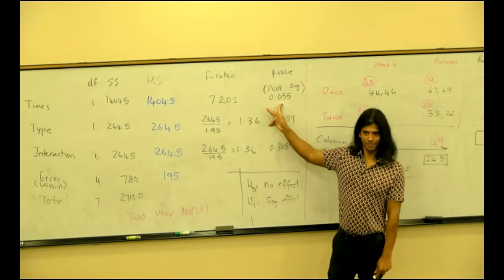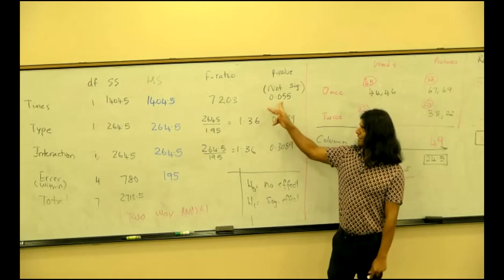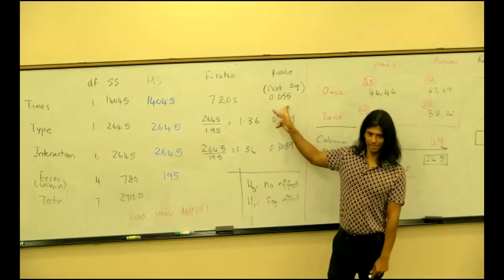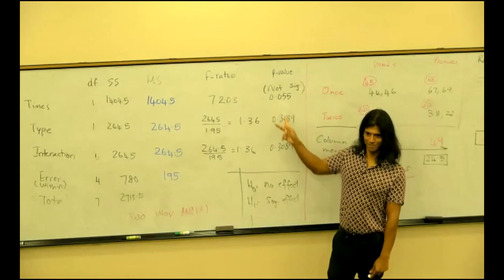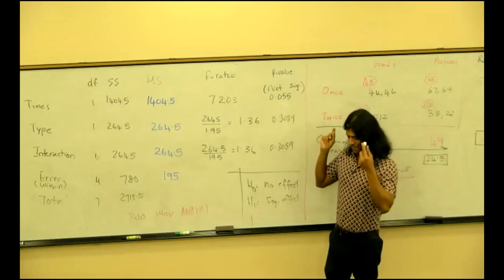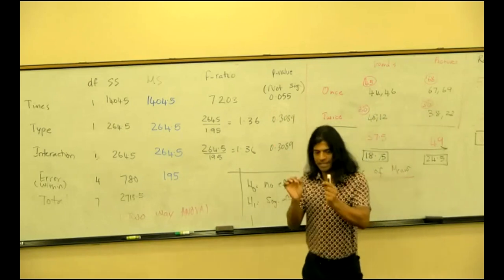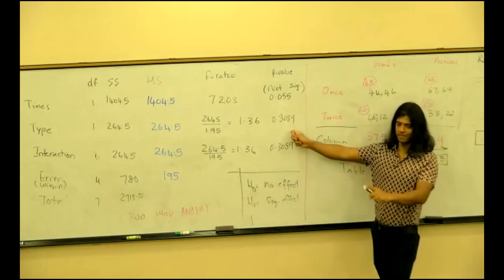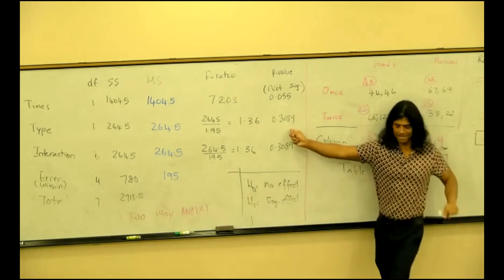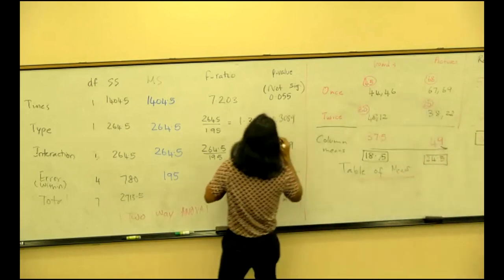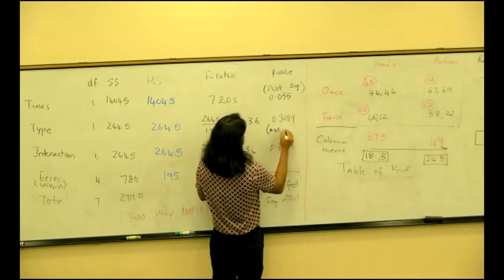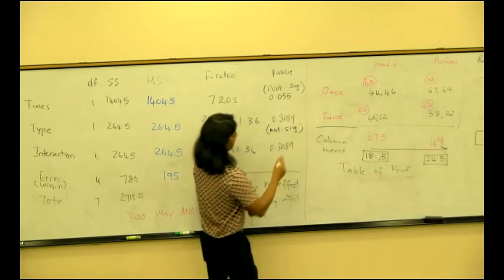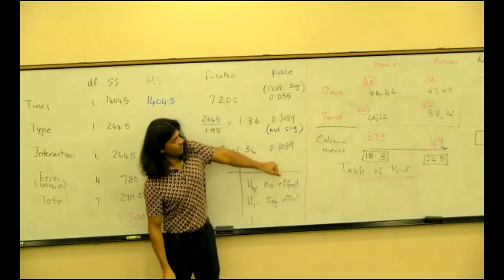That's not greater. This is 5.5%. Oh, so we don't reject. We don't, right? The p-value has to be less than alpha for us to reject. 30% is not less than 5%, so not significant. No effect.